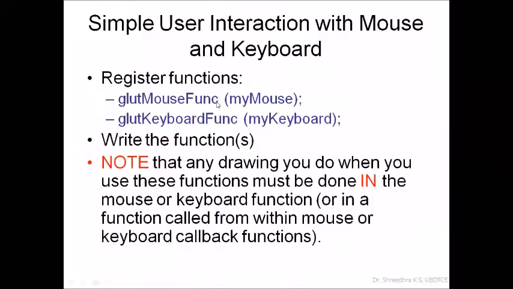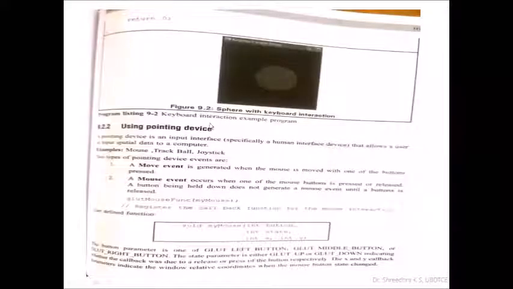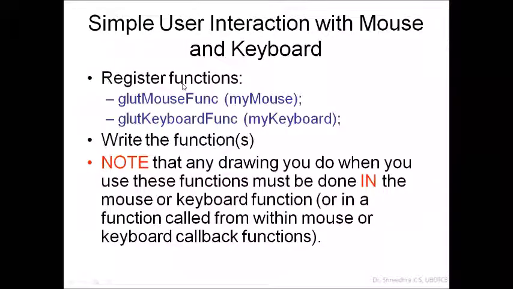So now let us move on; the keyboard function is over. Now I am discussing another interesting function, glutMouseFunc. This is very important because all the remaining programs depend on user interaction, and a GUI should be demonstrated with the mouse interface.